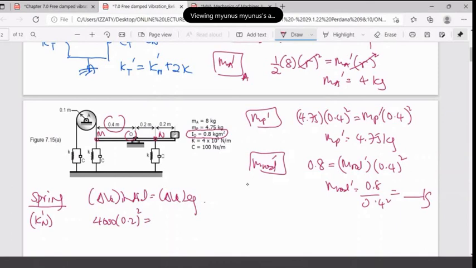Correct. So you have Kn power of 2 multiplied by the new length, which is now 0.1. The new length 0.4, correct? 0.4, not to forget power 2. So this one you will have Kn prime.